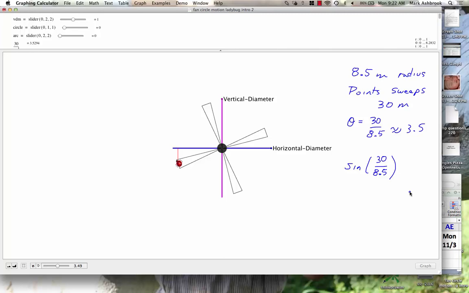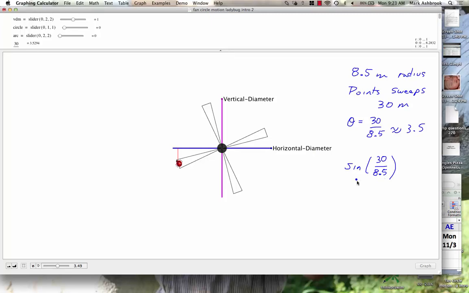Agree? All right, is this positive or negative? Negative, because it's below. So do we need to put a negative sign on there? No, sine automatically does it, right? Sine automatically gives us positive if it's above and negative if it's below. It has that built into its meaning. So you don't have to put the negative on, okay?